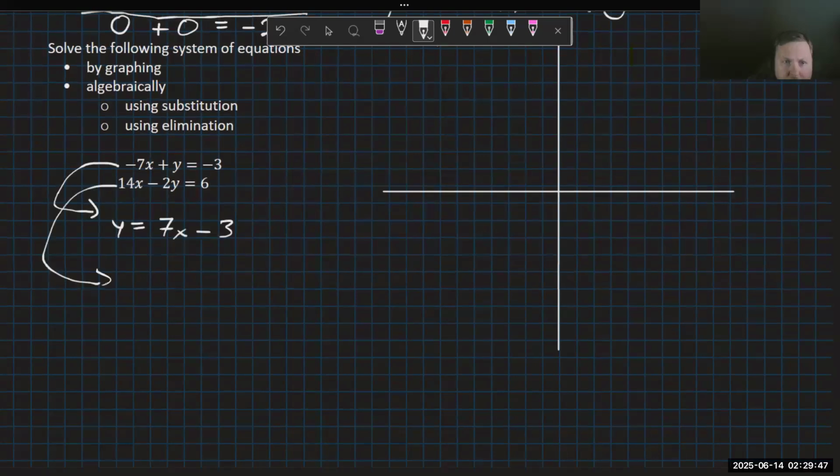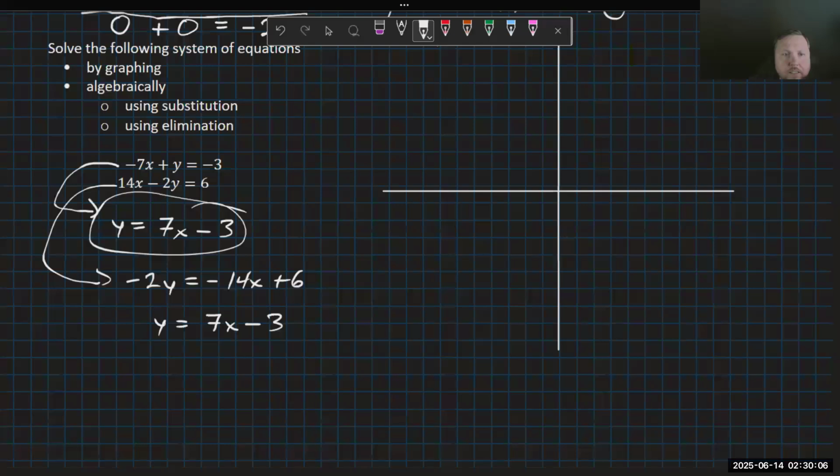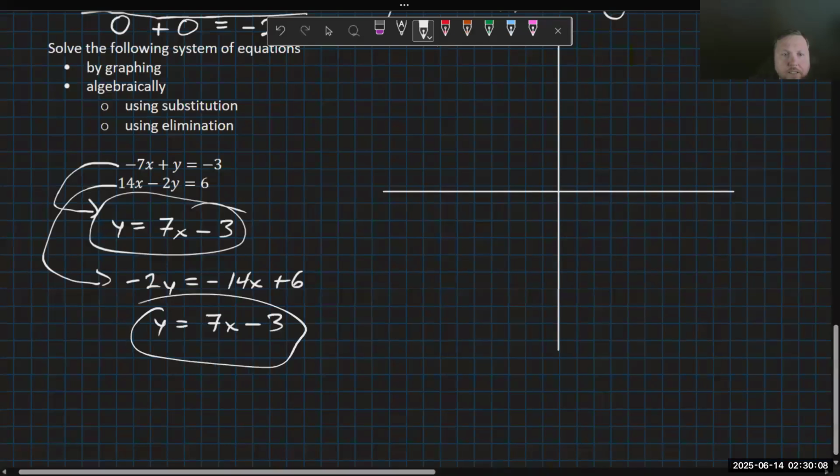This one over here, negative 2y is equal to negative 14x plus 6, and then I can divide everything through by negative 2. So I get y is equal to 7x minus 3. Hey, these are the same. How about that?